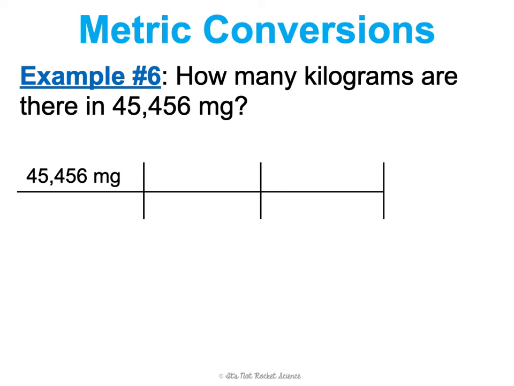So first of all, we know we want to get rid of the milligrams, okay? Because that's what we have right here. So we know milligram is going to go on the bottom. All we have to do is figure out the conversion that goes with milligram, okay? So if you go back and look at milli, it says for every 1,000 millis, you're going to have 1 unit, okay?